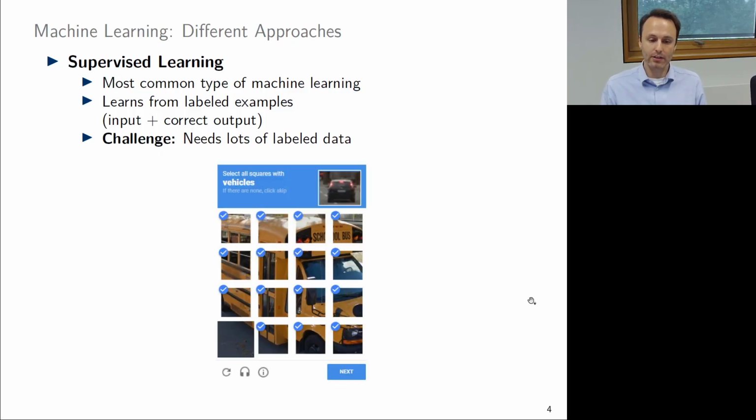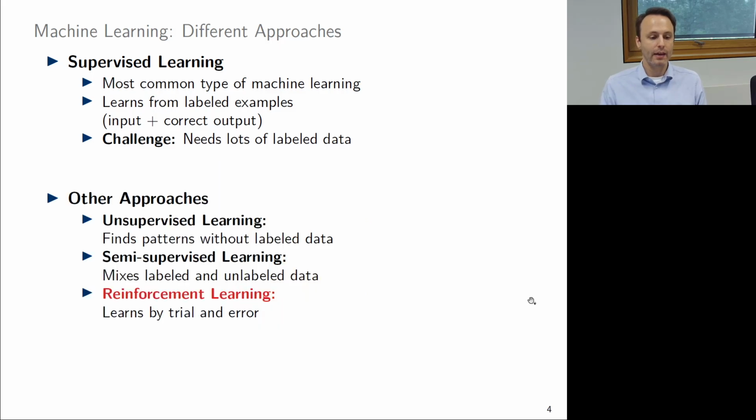That's also the challenge, because you need a lot of labeled data. There are other approaches as well, like unsupervised learning, that doesn't need labeled data. But the problem is that you might have concept drift if you don't know the ground truth. So you find patterns, but you can never prove what these patterns actually are in the ground truth.